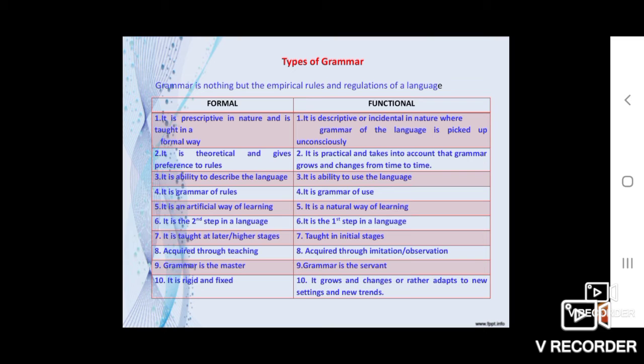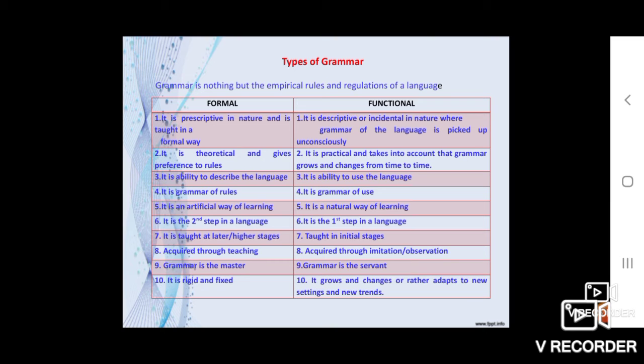In what way we have to use grammar, what kind of tenses we have to learn, in what way we have to change the degree, in what way we narrate the situation, or in what way we have to draft a particular essay, a particular letter. Everything is followed with this grammar.